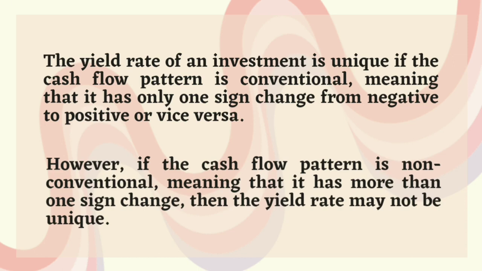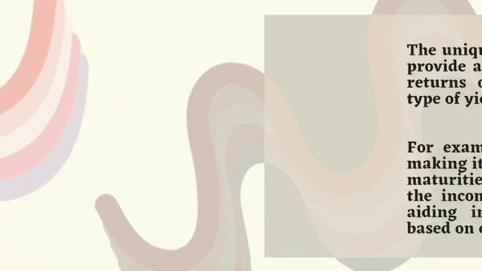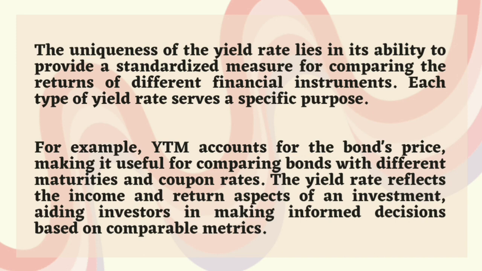For example, a lottery ticket has a non-conventional cash flow pattern as it starts with a negative cash flow, or the ticket price, and may have zero or positive cash flows, or the winnings. So the uniqueness of the yield rate lies in its ability to provide a standardized measure for comparing the returns of different financial instruments, and each type of yield rate serves a specific purpose.